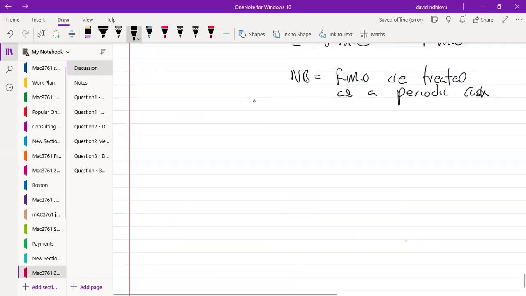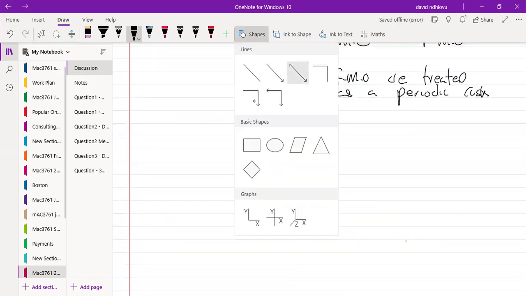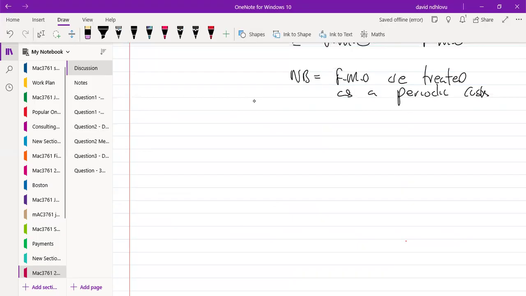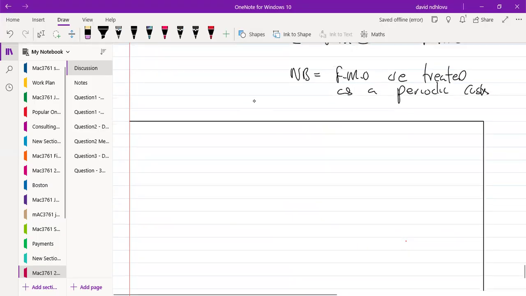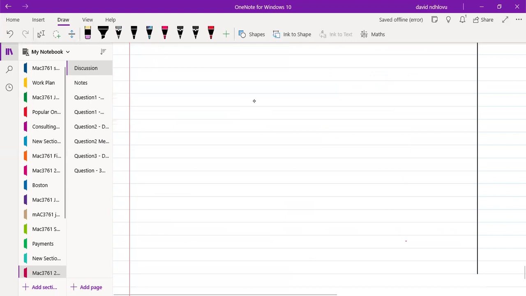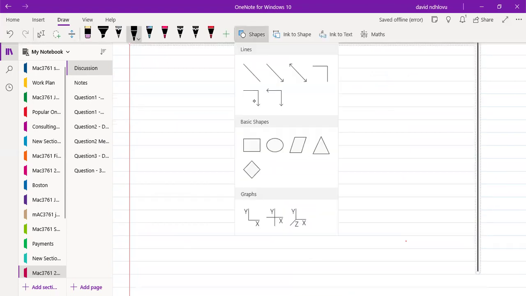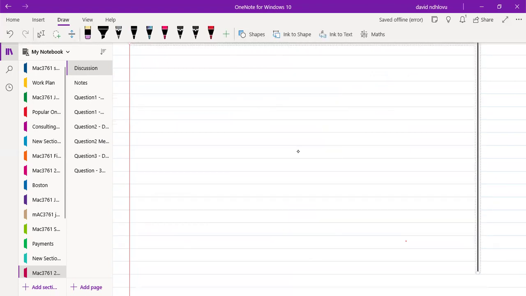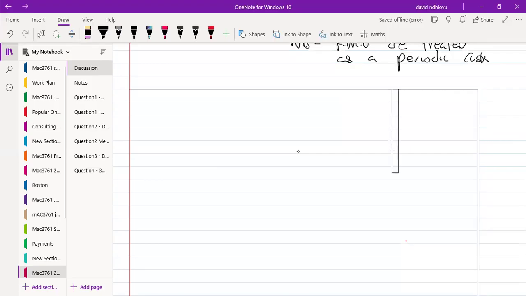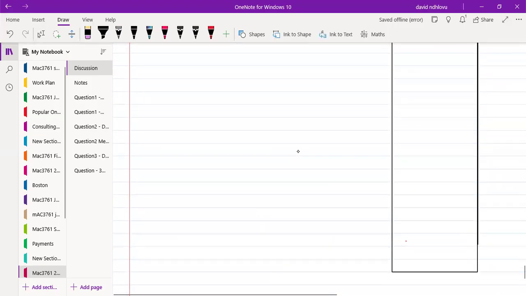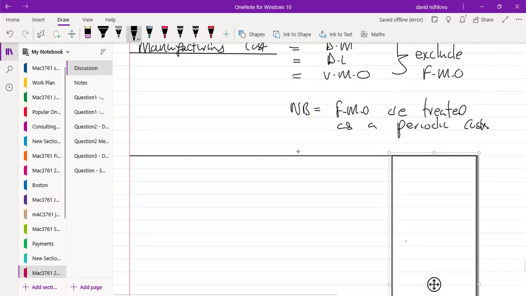So therefore, it means if we are going to provide a structure, right, of an income statement based on the direct costing method, it will look something like this. Right, so this is our income statement. This is going to be based on direct costing method.